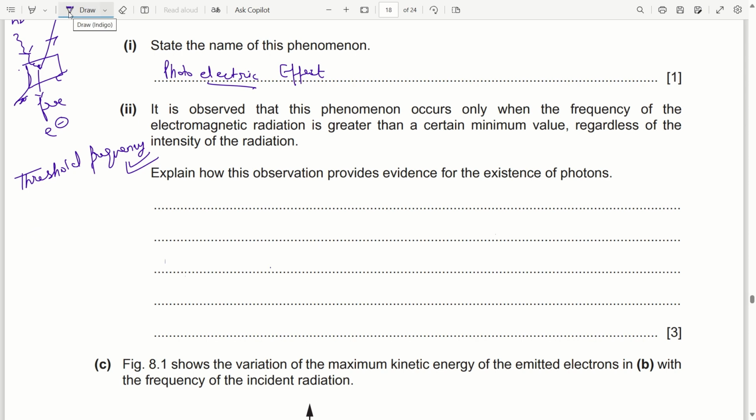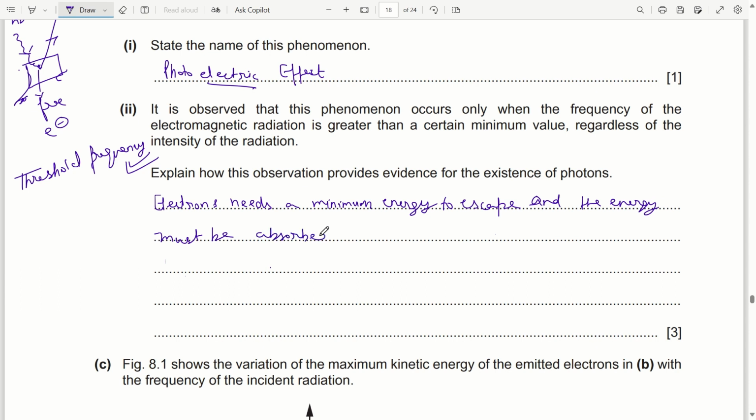You can write for this question that electrons need a minimum energy to escape, and the energy must be absorbed in packets.